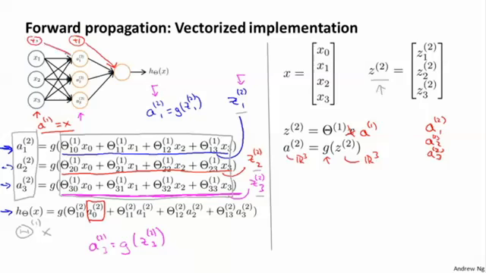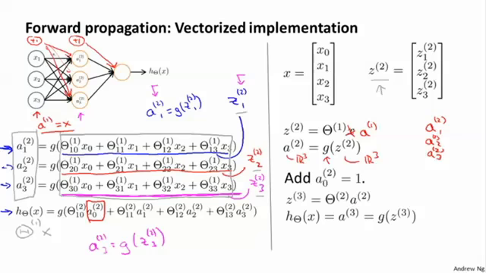Of course, there was a bias unit in the input layer too that I just didn't draw earlier. To take care of this extra bias unit, we're going to add an extra a0 superscript 2 that's equal to 1. After this step, a2 is going to be a 4-dimensional feature vector because we just added this extra a0, equal to 1, corresponding to the bias unit in the hidden layer.